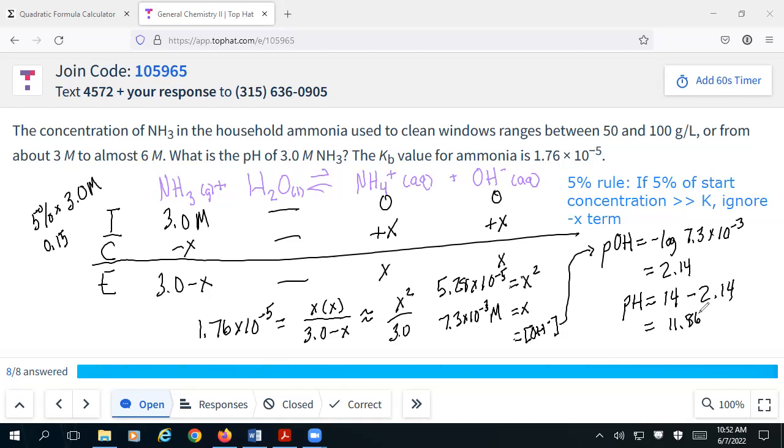Instead of a small value of K and large concentrations of reactants, big value of K, large concentration of products, it's going to be a very product-favored reaction. The minus x's, or in that case, the minus 2x's, were going to be largely negligible. So we could have ignored them.